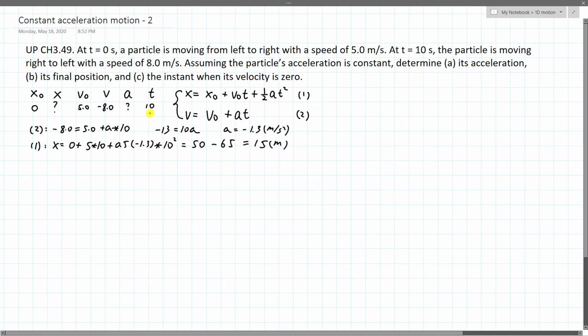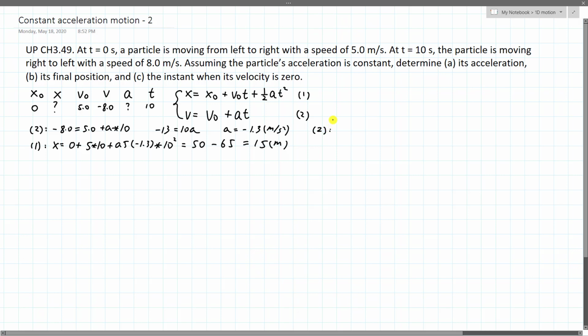I bet that's when the particle switches from going to the right to going to the left, where it has done its reversing. So that's the time we're looking for, and this is a different final time than the 10. So we can still take equation 2 and try to solve it. Let's save some space. I have another question coming up.